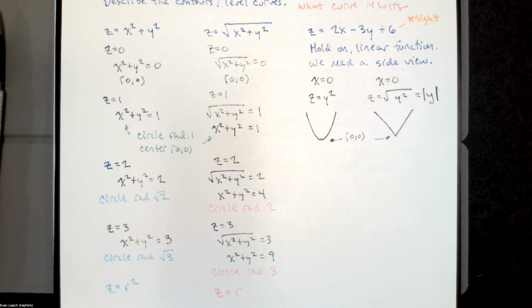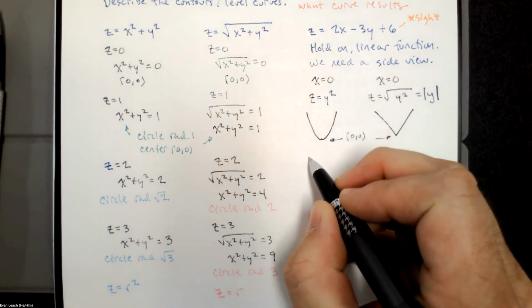If we pivot around the positive y-axis and look at the surface again, we'll get the same thing. Z is equal to x squared, or Z equals absolute value x. But now we know what the surface looks like from the top, and we know what the surface looks like from the sides. Let's do another one.